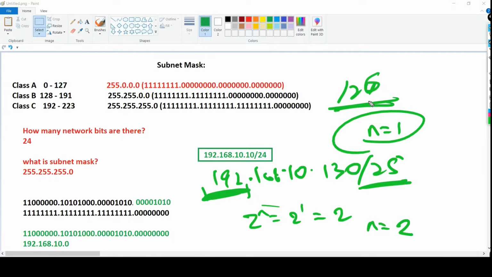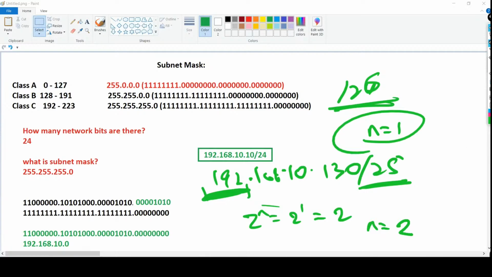Or you can say you have converted host bits into network bits, or network bits go into host bits.